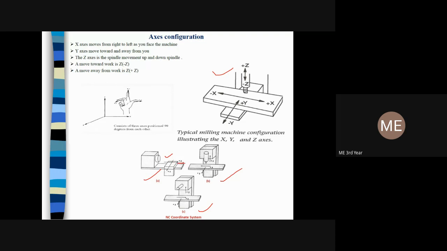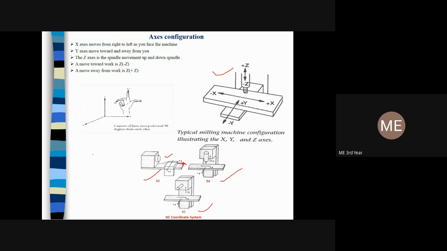You have to remember this general consideration of the axes, positive and negative. For that purpose, you have to remember which one is taken as positive and which one as negative. For that, there is a conventional rule.